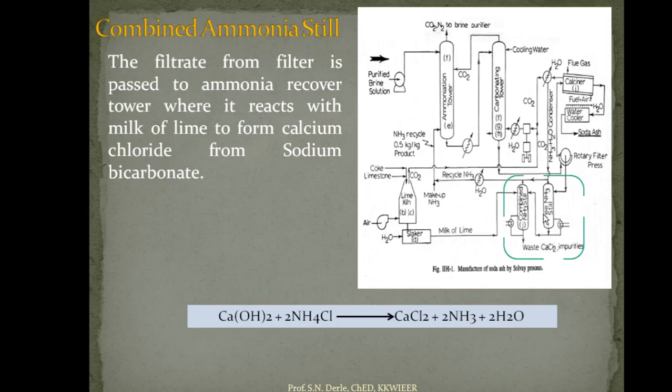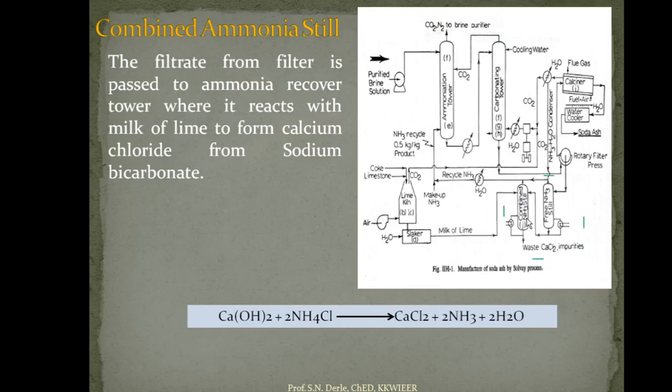This is one type of distillation column, where free ammonia is separated by distilling, and then it gets combined to this ammoniation tower, and the rest of the ammonia, associated with ammonium chloride, is sent to the combined ammonia still.